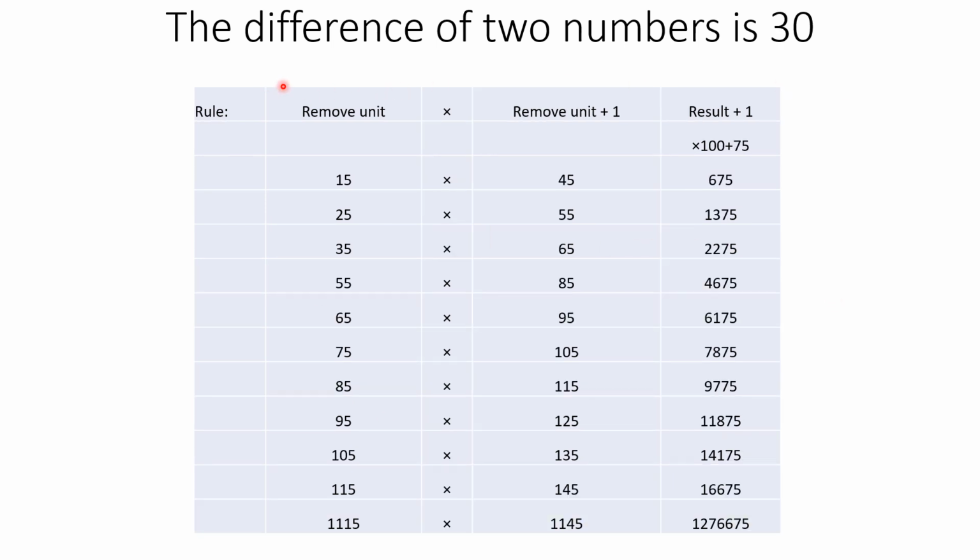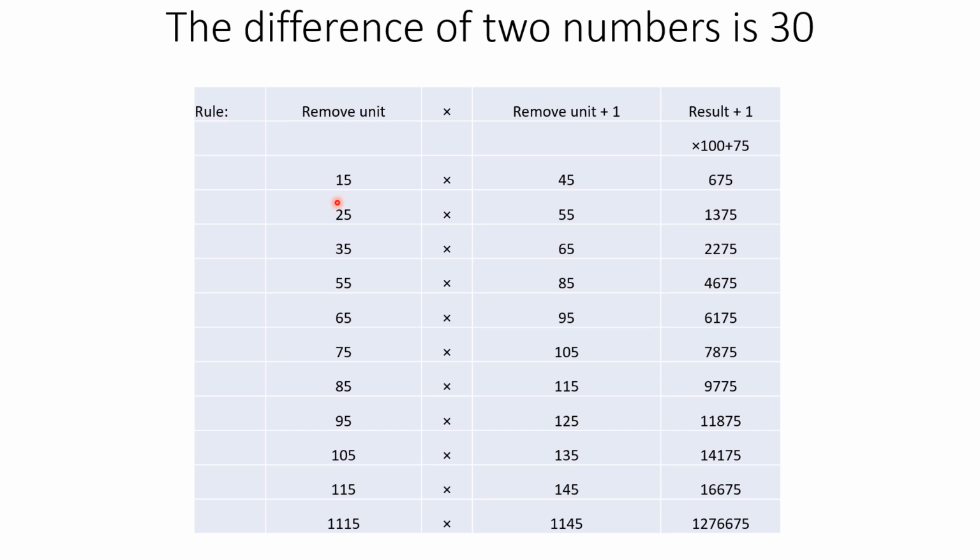Now when the difference is 30, first of all, it's the same thing, right? So 15 times 45, remove the 5's. 1 times 4, 4 plus 1, 5, 1 times 5, and then plus 1, so 6. Because it's 30, it ends with 75.